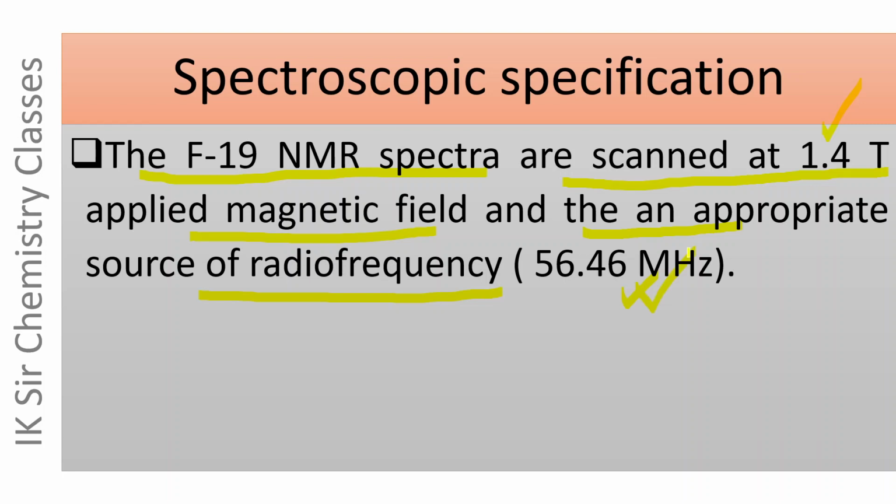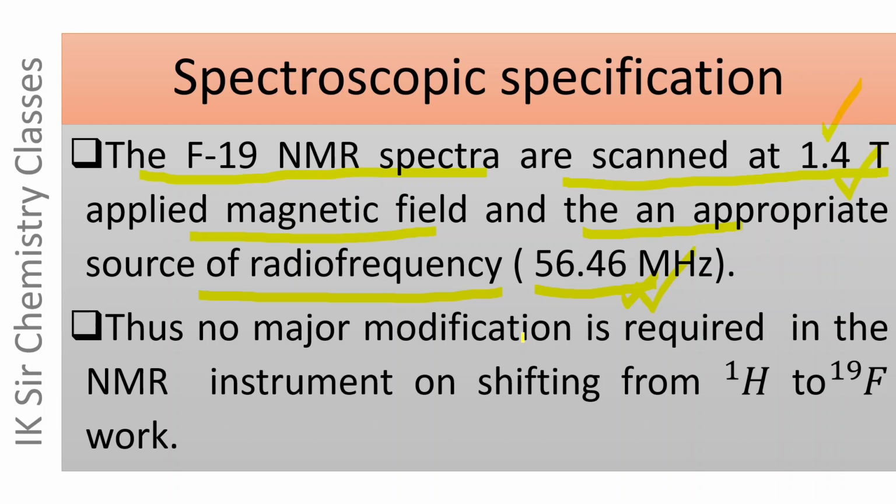Please note that during scanning H1, that is PMR spectra, the applied magnetic field is kept about 1.5 Tesla and the radio frequency used is 64 megahertz.